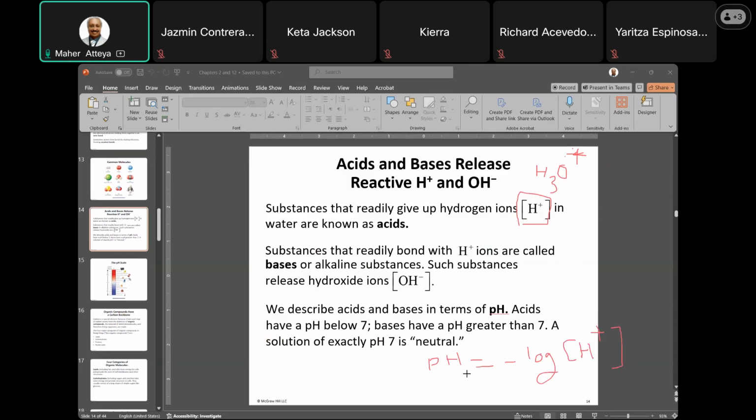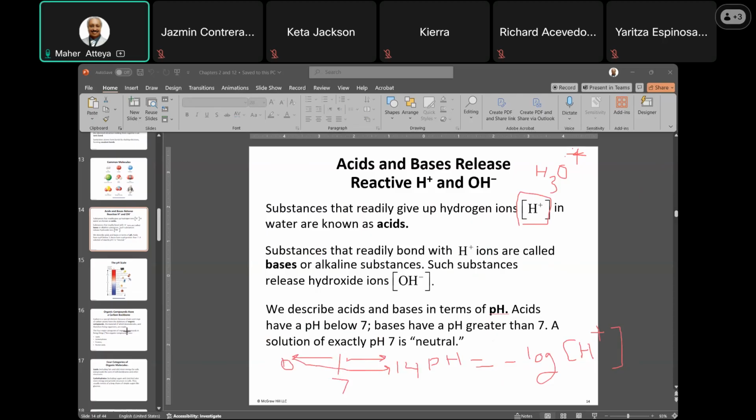The scale goes from 0 being the most acidic all the way to 14, the most basic. Half of it is 7, that's neutral. So the acidity increases from 6.4 up to 0, and the basicity increases from 7.5 and above to 14. 14 is the most basic, and 0 is the highest acidity.